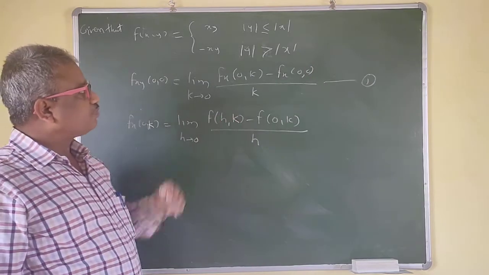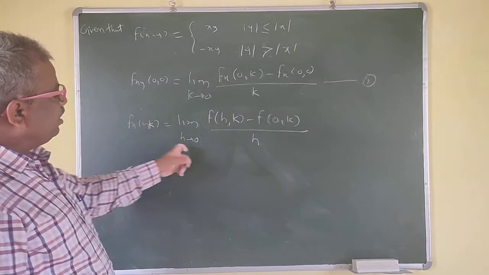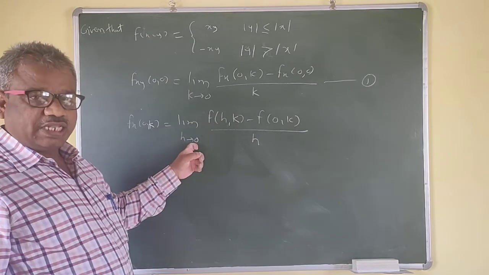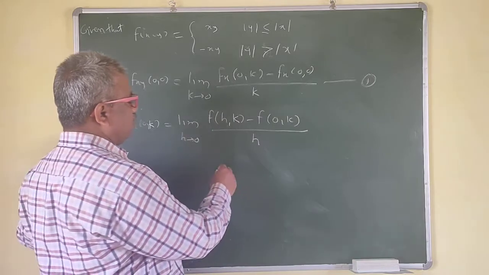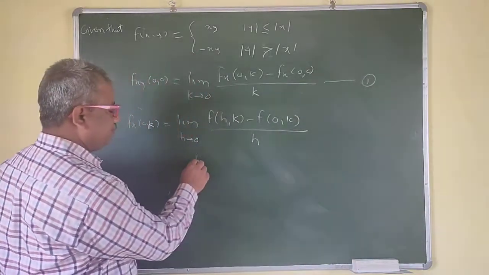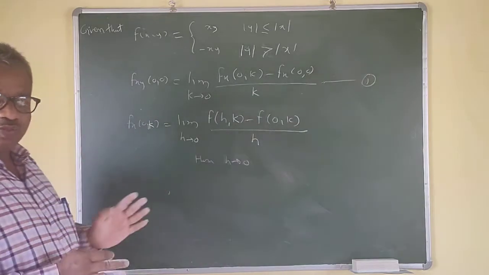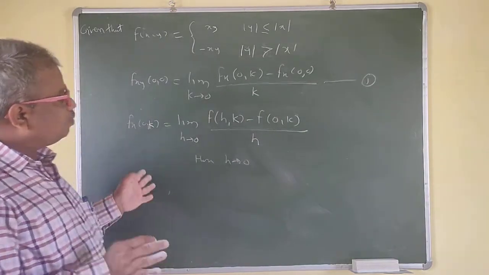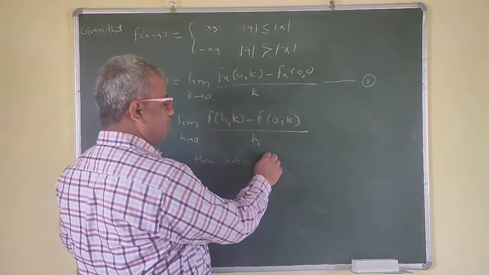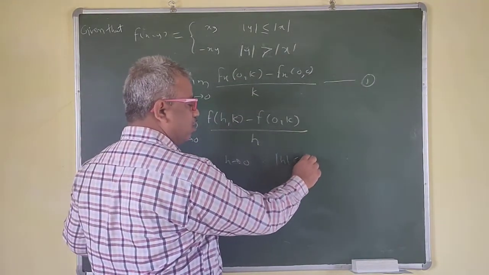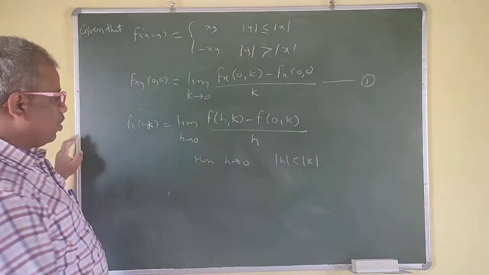Here h tends to 0, that means h becomes smaller and smaller, so your x is small. Therefore |h| is less than |k|, so we have to apply this formula now.